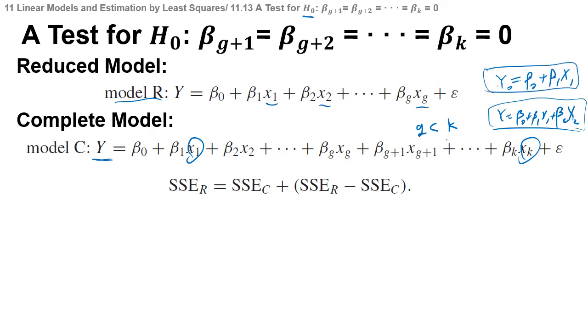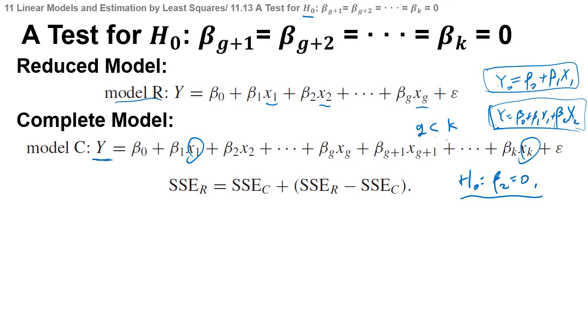And we want to test whether the complete model is good or the reduced model is good. The test for that situation is H0: beta 2 equals 0. What this is testing is whether the complete model is good or whether the reduced model is better.